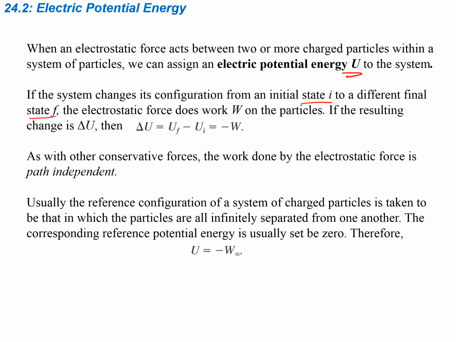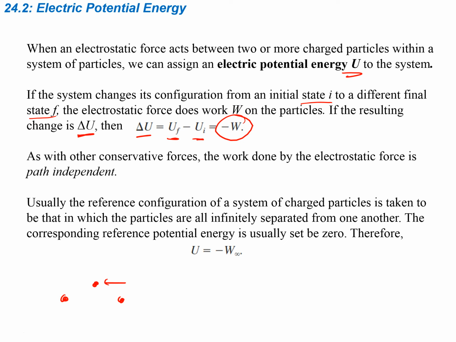Like I just mentioned, if I had two particles, here and here, and we moved this particle to here, we're going to be doing work on the system. So the change in potential energy is just the final potential energy minus the initial potential energy, which is equal to the opposite of work. And that's one of the equations that we used in mechanics as well.